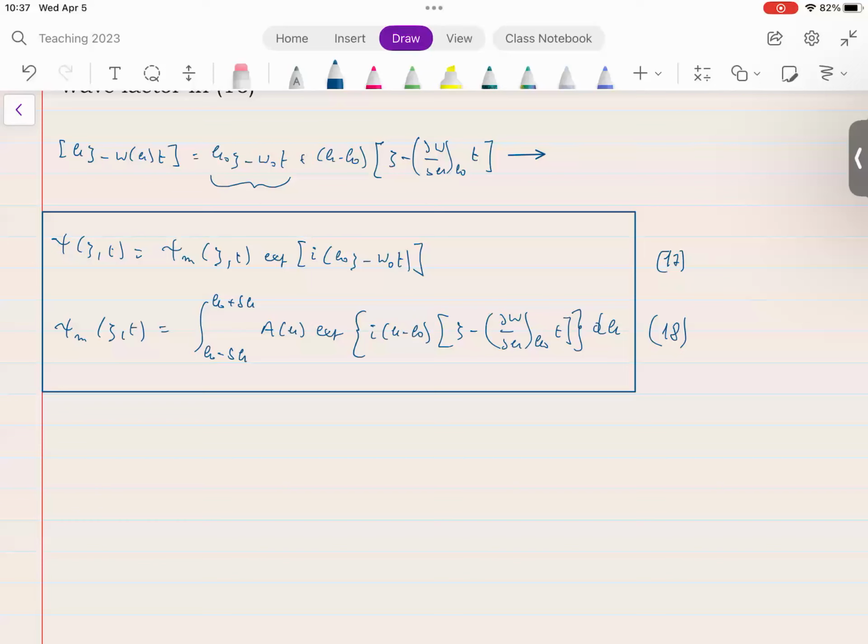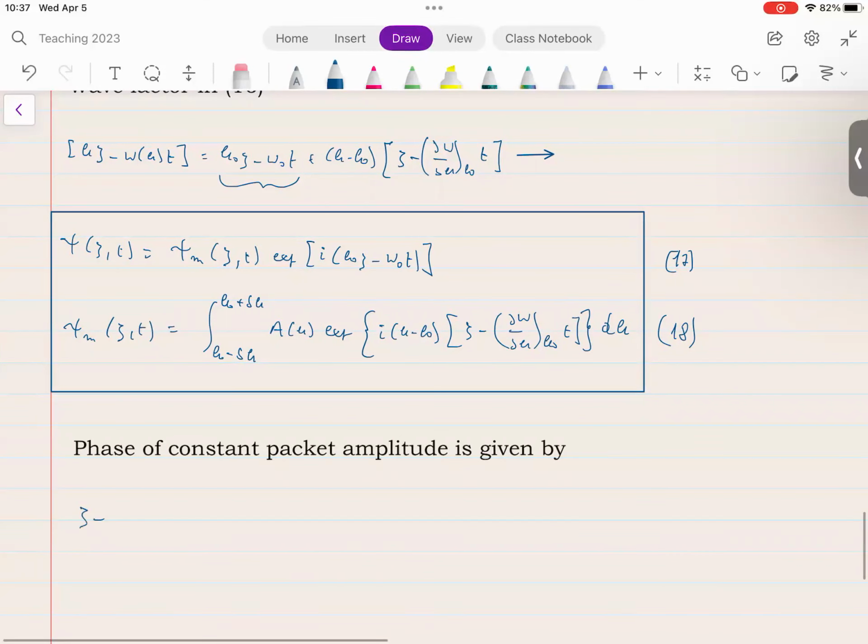The phase of constant packet amplitude is given by the relation zeta minus d omega dk calculated at k0 times t equal to 0.